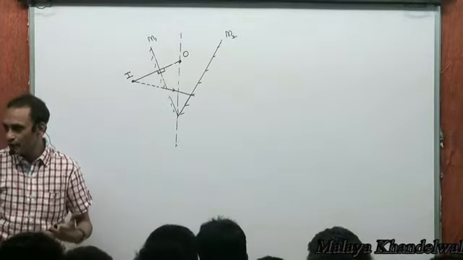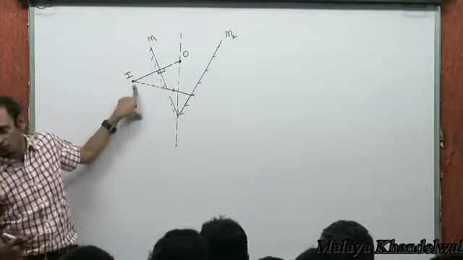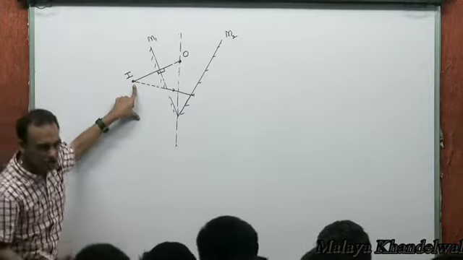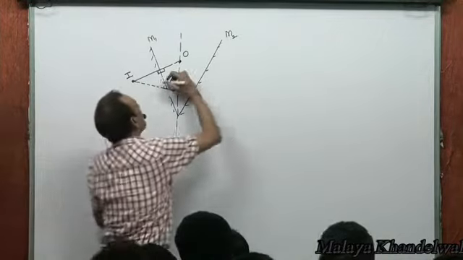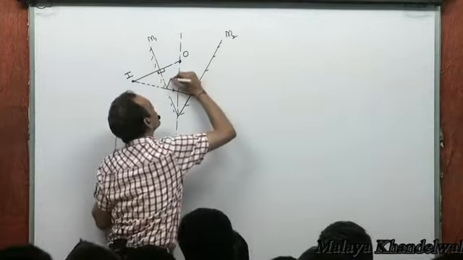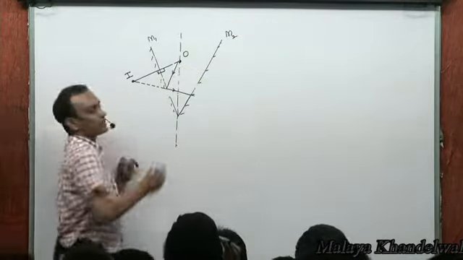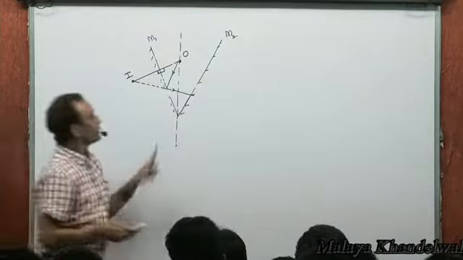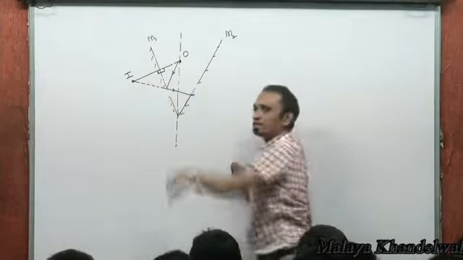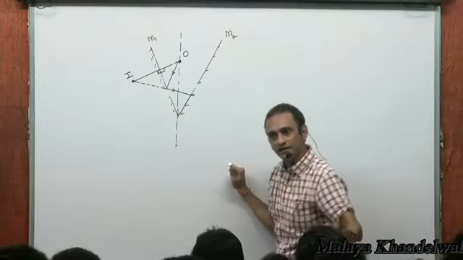Any reflected ray when produced will pass through the image of this object. Yes or no? And this would be a reflected ray for this being an incident ray. Right?